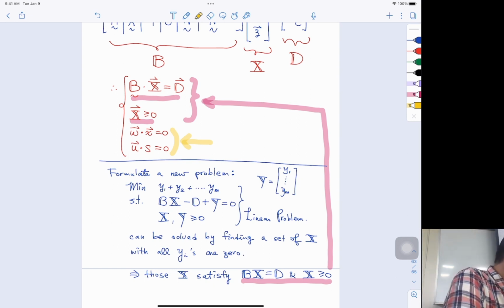So if we use the new problem to get a set of solutions that satisfy the red conditions above, but not the yellow one, it's okay. Some solutions during the process are not yet the true solution, because everything came from linearization and approximations.